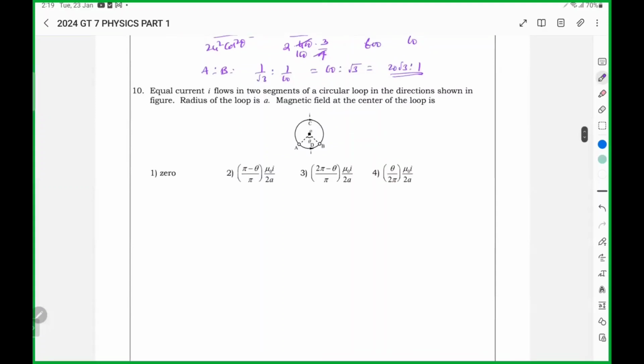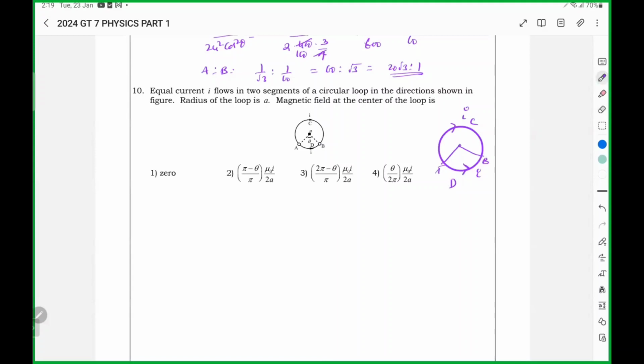So equal current I flows in the segments. So let us divide into equal currents.